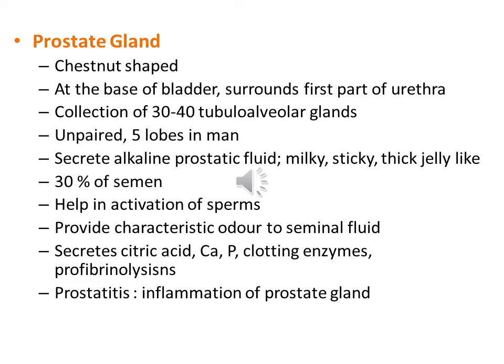When it comes in contact with the acidic pH of the vagina, it becomes active. In males, the secretions of the prostate gland and seminal vesicle are alkaline, whereas the vagina has an acidic pH.